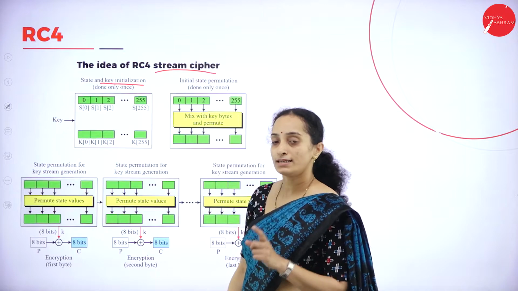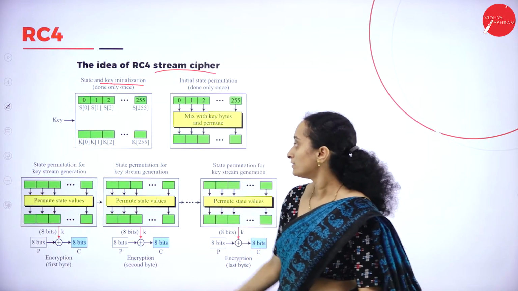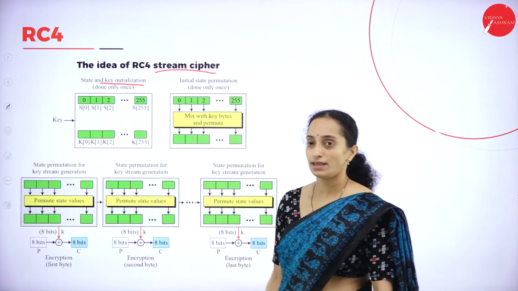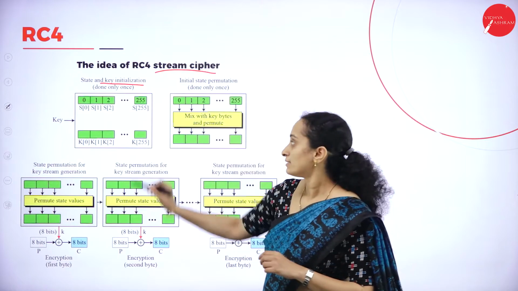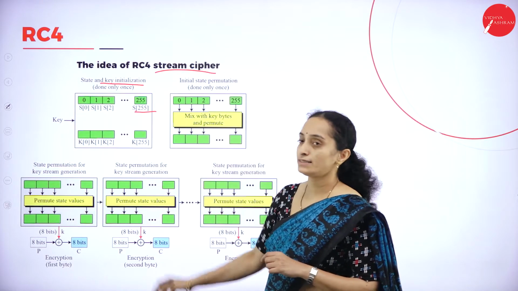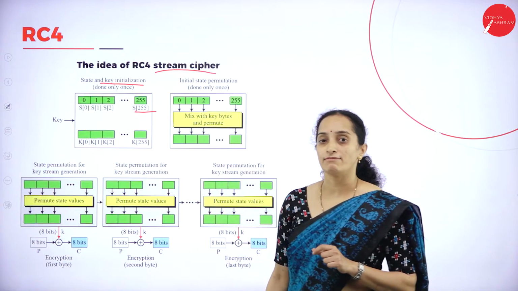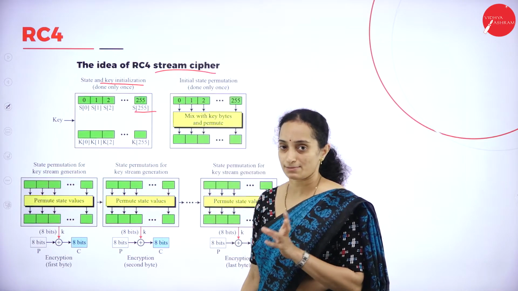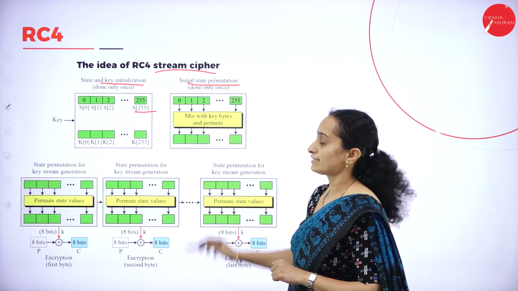Key initialization is done only once in the ciphering method. So we generate the set of keys for, if you consider a maximum of cipher text or state with 255 bytes, we have a key with 255 bytes, maximum of 256 bytes. Okay, initial state permutation.